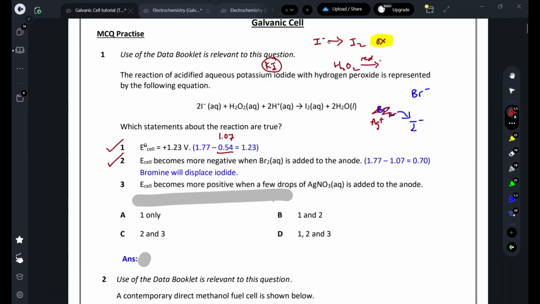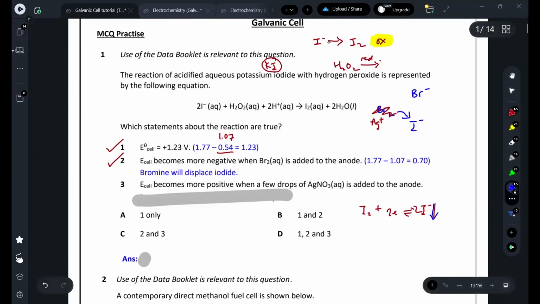So if silver iodide is formed, what happens to the equilibrium with the iodine? Okay, so iodine is like this, the half equation, I minus. Okay, so if this is being used to precipitate the AgI, which way will the equilibrium shift?